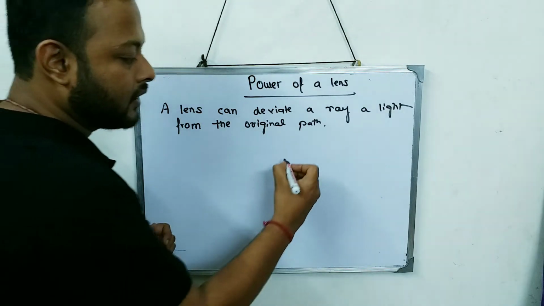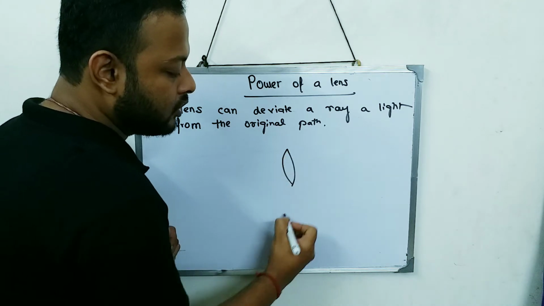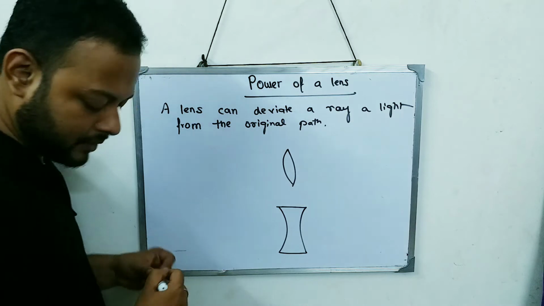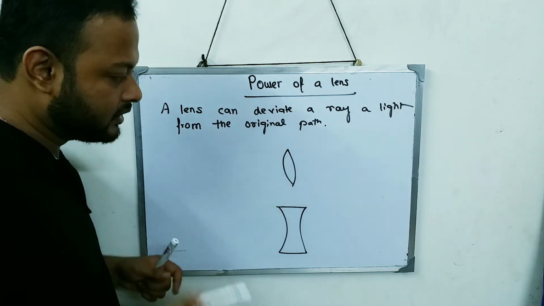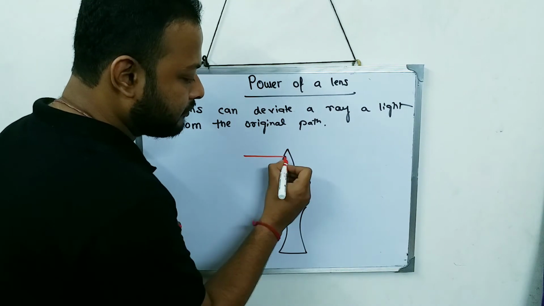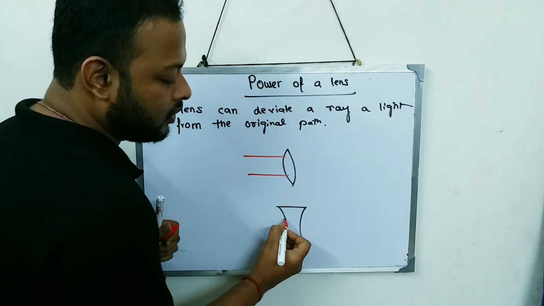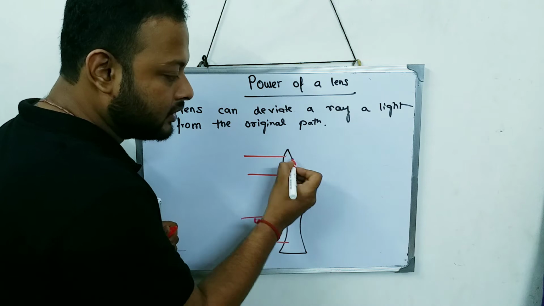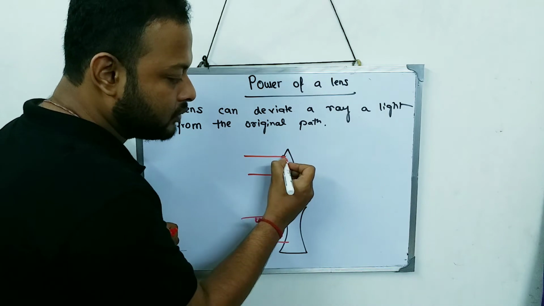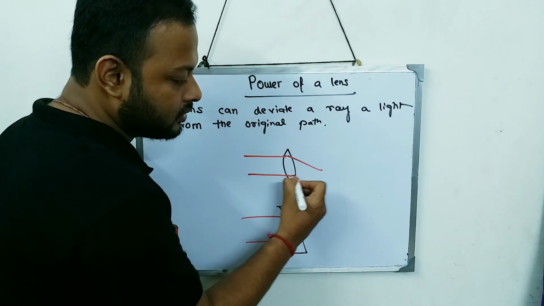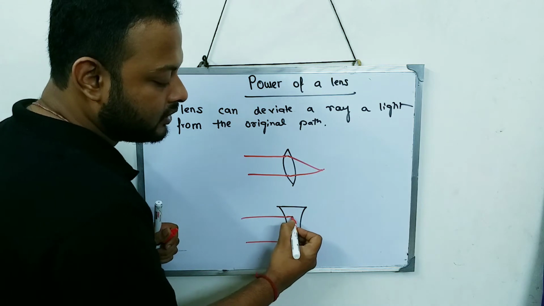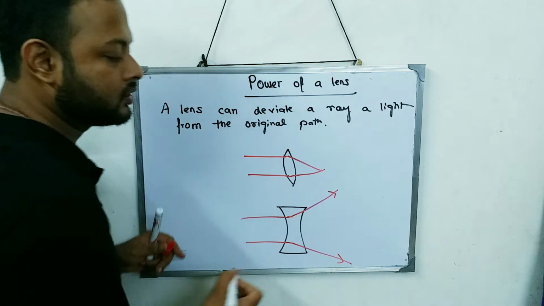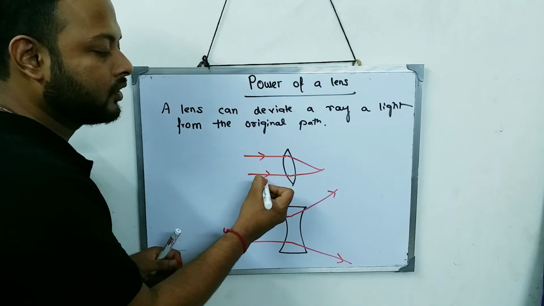Suppose we take a convex lens or a concave lens. In both situations, what happens? If I take a ray of light, suppose it's coming like this, or over here coming like this, then this ray can deviate where? Inwards, it will deviate inwards. And this ray can deviate where? Outward. This ray can deviate outward. So these two things we know.